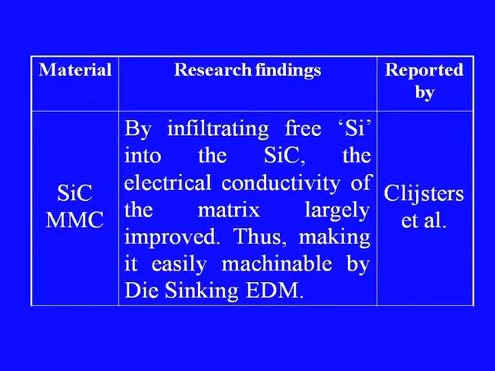By infiltrating free silicon into the silicon carbide, the electrical conductivity of the matrix largely improved, and therefore the machining performance became better, and this made the material easily machinable by die sinking EDM.